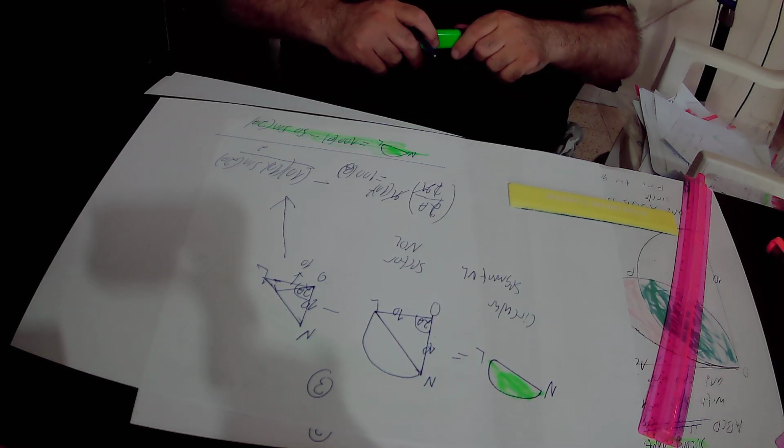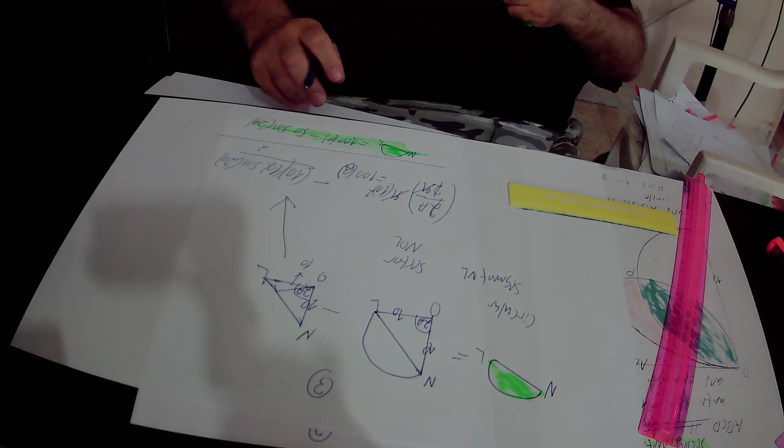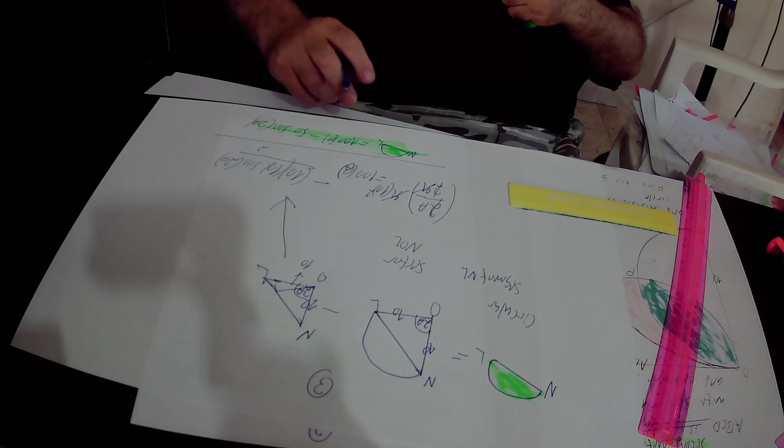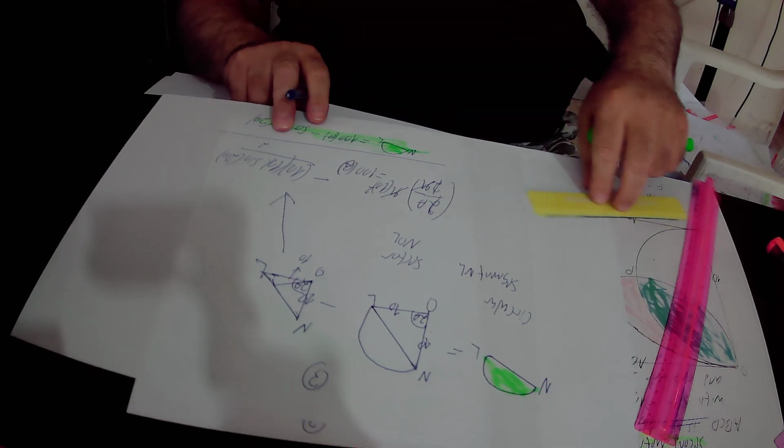In the next step, we find out the value of theta and the value of sine 2 theta, and we substitute theta and sine 2 theta in this expression by the values that we will find out for them. Okay?